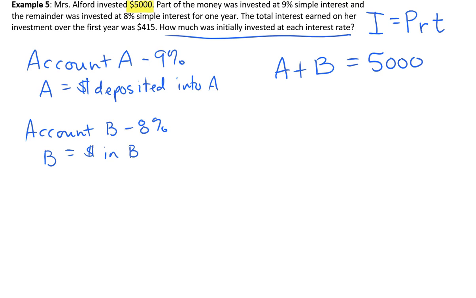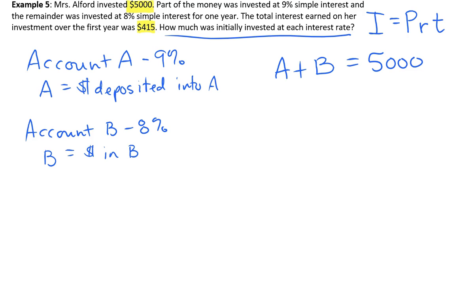Initially, we invested $5,000, so the total from account A and the total from account B has to sum to $5,000. Let's see. We know that her total interest that was earned from the two accounts is $415. So now we need to come up with a way to describe how the interest was calculated.